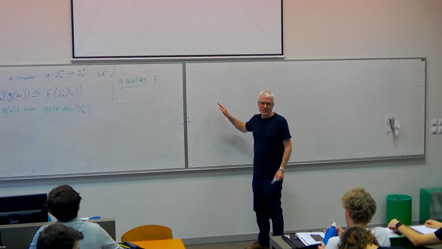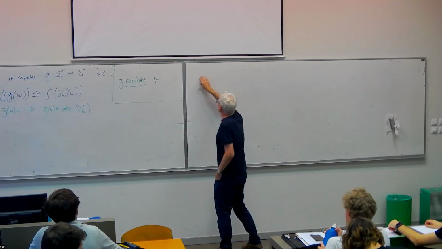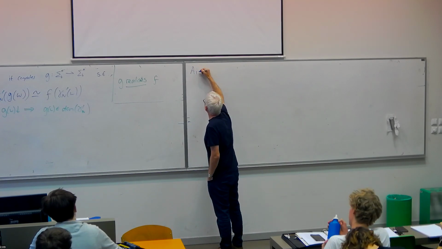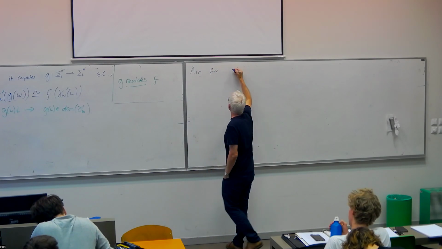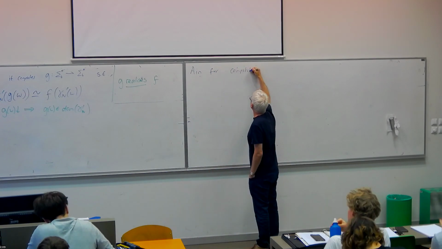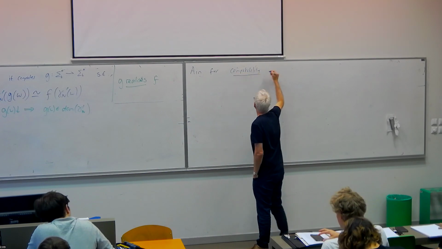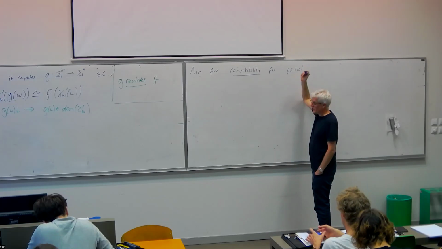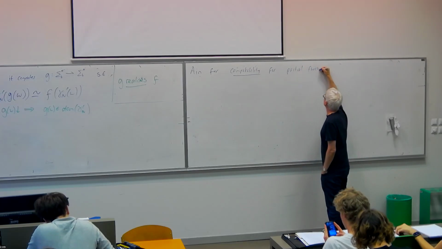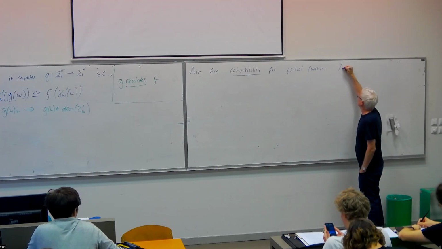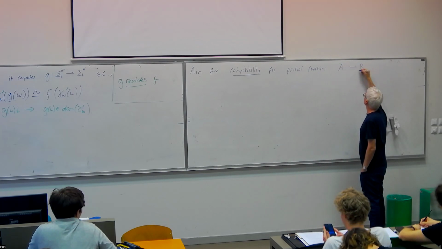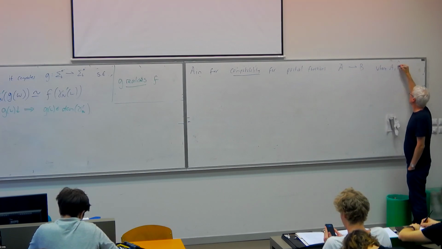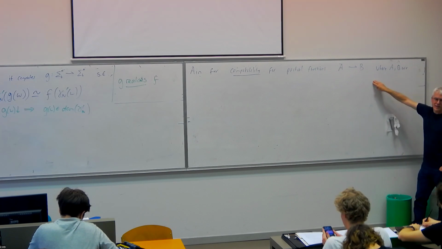So the basic idea now is we want to have a notion. So we aim for a notion of computability for partial functions, because partiality is natural, from A to B, where A and B are arbitrary sets.